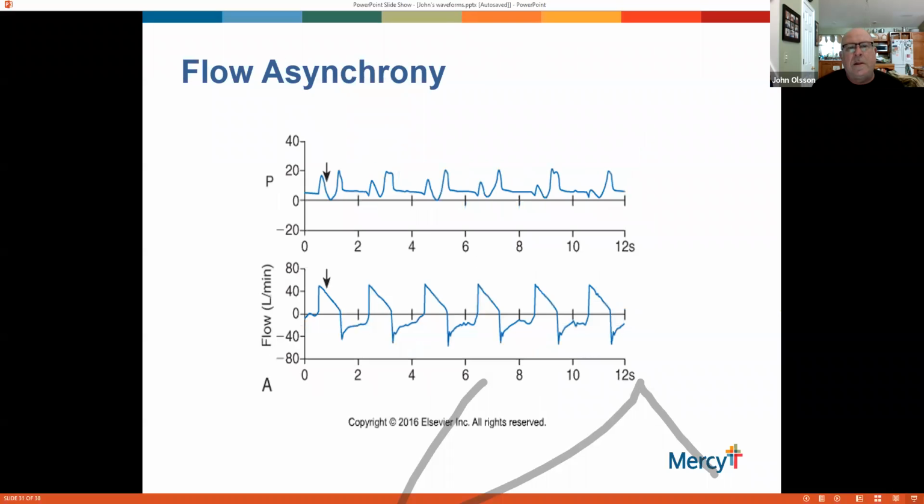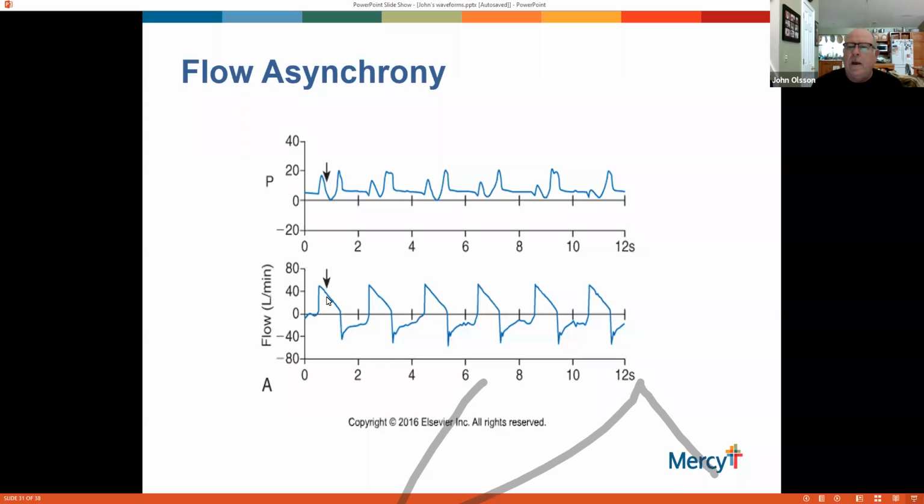Flow asynchrony. Flow asynchrony is if my patient has a big demand and wants to suck that breath in quickly, and you see it on the pressure waveform where they suck all that pressure out of that breath. You don't see it so much with this, but he's trying to suck all that volume out, and that means this flow is not set high enough.